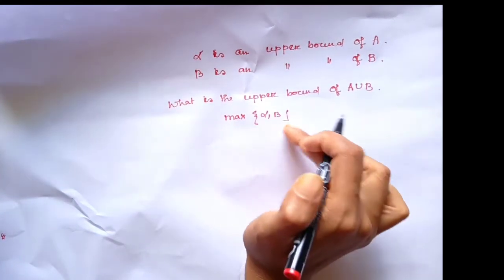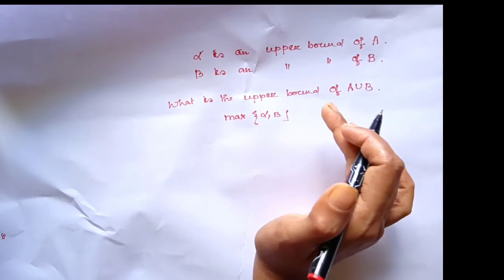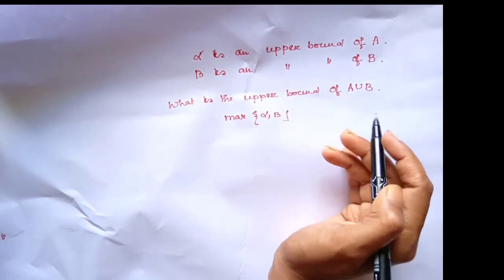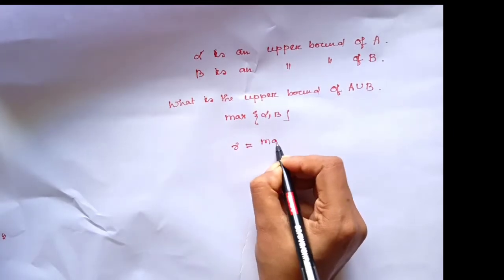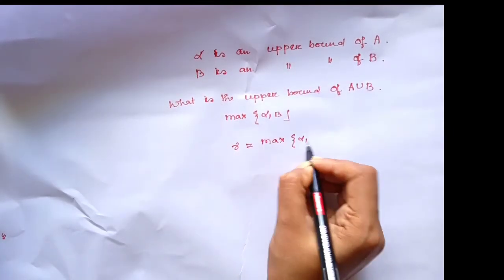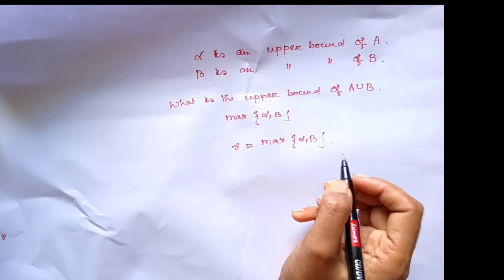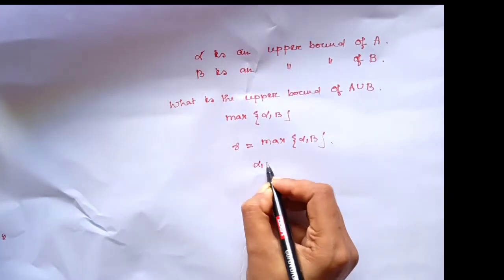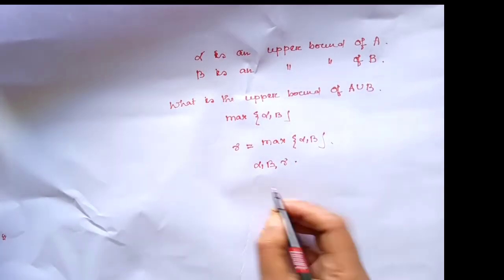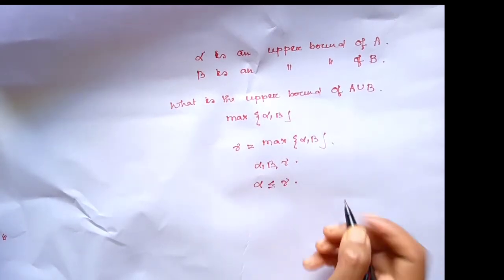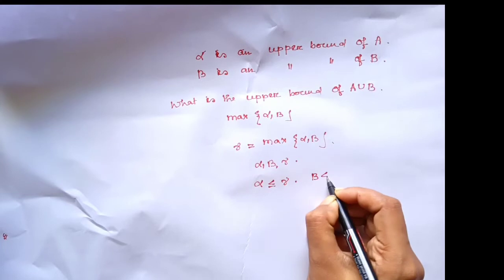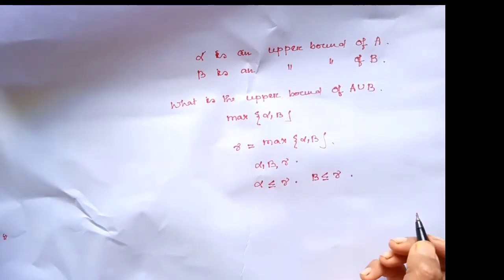I want to prove it. Okay, let us denote gamma equal to maximum of alpha, beta. Then what is the relation of alpha, beta, gamma? Alpha must be less than or equal to gamma and beta must be less than or equal to gamma.